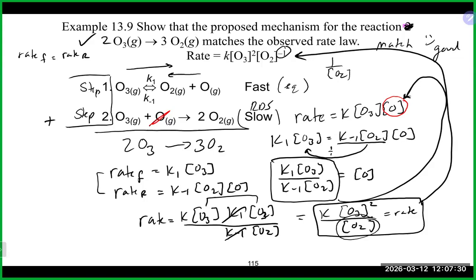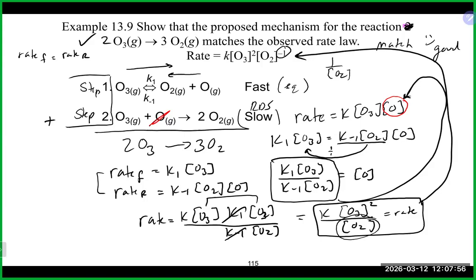You only have one slow step. There will really only be one step that determines the overall reaction, and it's the rate determining step. So you usually have just one slow step to choose from. You may have multiple fast steps. For example, in the first one I did, we had maybe 3 or 4 steps.